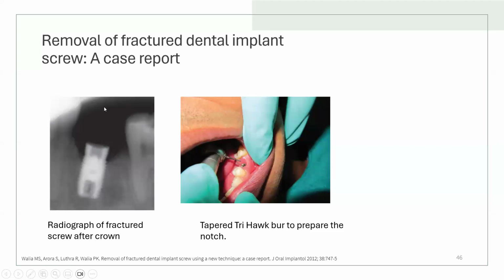Okay, and here the authors used a tapered bur to prepare a notch at the occlusal surface of the screw. They placed the notch just between the center and the periphery, so they don't scratch the internal surface of the implant.